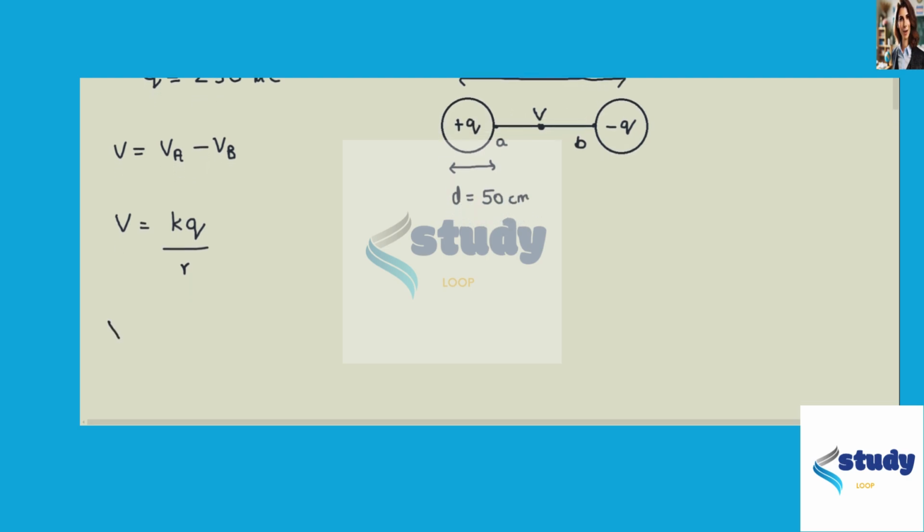So the potential at A is equal to the potential of the positive charge at A plus the potential of the negative charge at A.